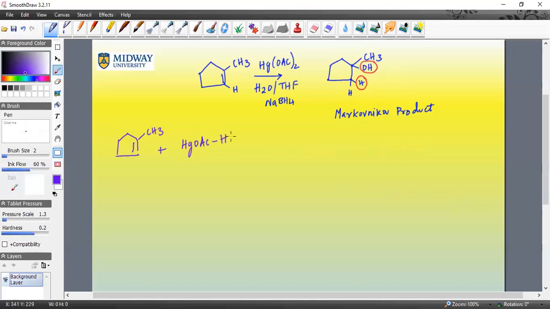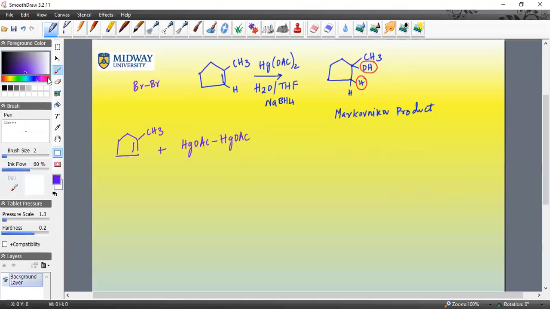This is essentially what Hg(OAc) looks like, and this is very similar to our Br2 that we have learned. Two things that are identical are connected by a single bond, right?